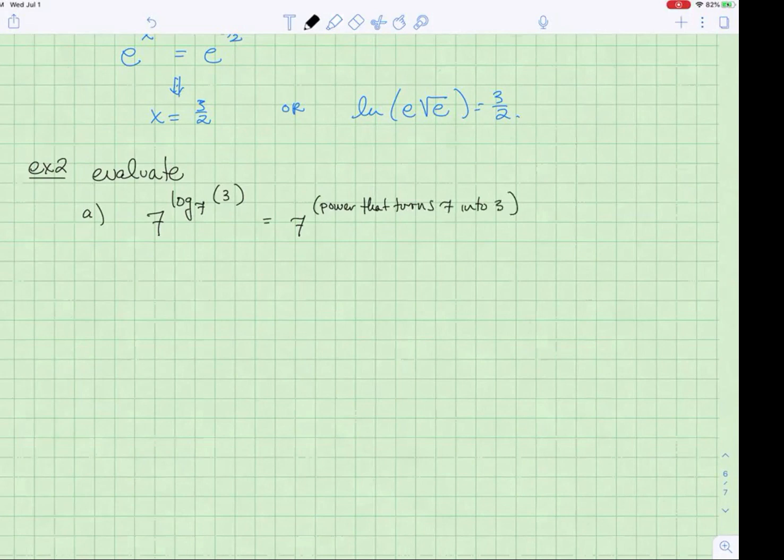So if I take 7 and I raise it to the special power that turns 7 into 3, this just becomes 3, or this is a cancellation law that we talked about before the break, cancellation law number 2, where b raised to the log base b of x is equal to x. And so I'm just identifying b with 7 and x with 3 there.